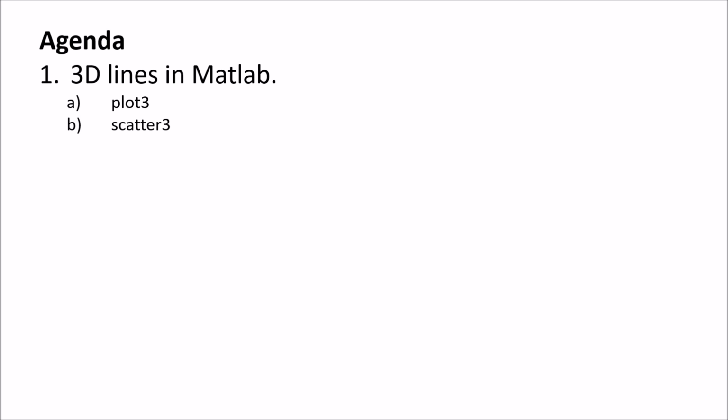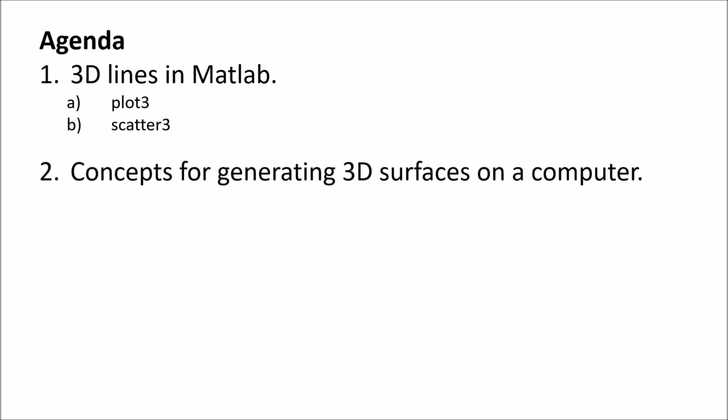So in terms of an agenda, we'll cover two distinct classes of 3D plotting in Matlab. The first is 3D plotting using lines and points using functions like plot3 and scatter3. The second class of 3D plotting is 3D surfaces. However, before looking at how to implement this in MATLAB, we'll take a step back and consider the general concept of how to generate a 3D surface on a computer.